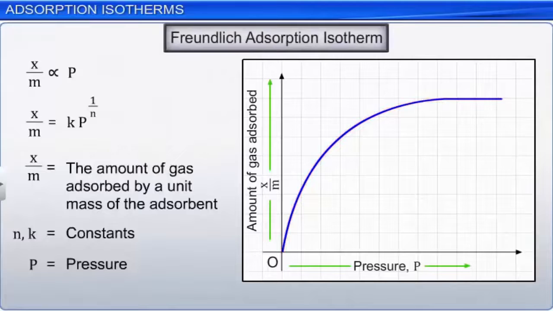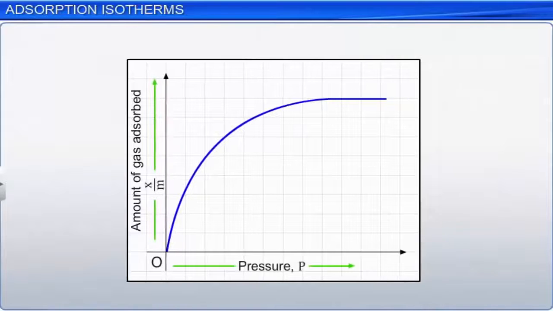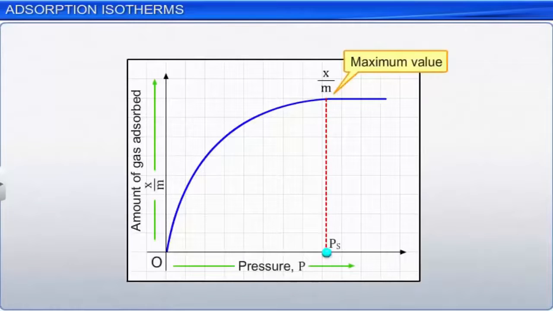In this adsorption isotherm, x/m reaches its maximum value at point Ps. In other words, the extent of adsorption is the highest at this point. It can be seen from the curve that even if the pressure is increased beyond Ps, the extent of adsorption remains the same.